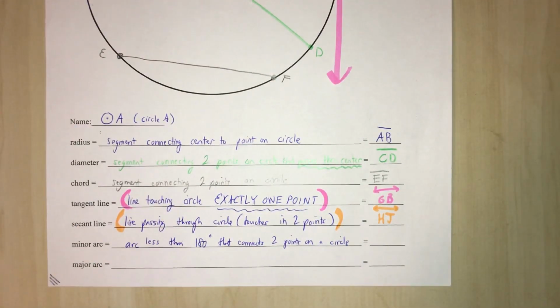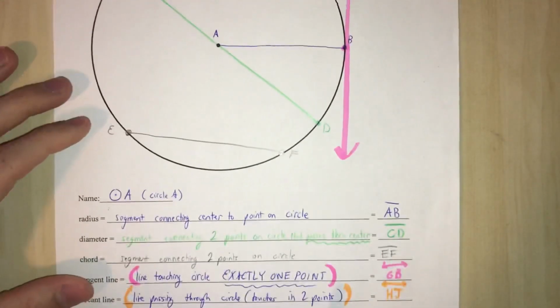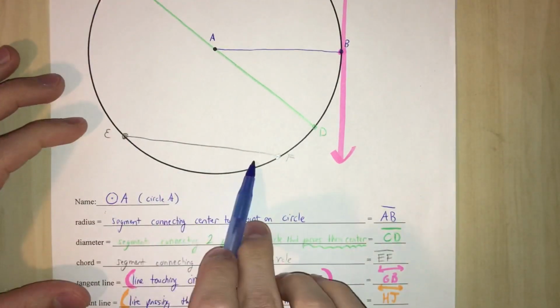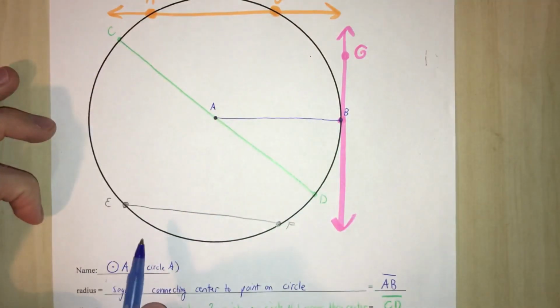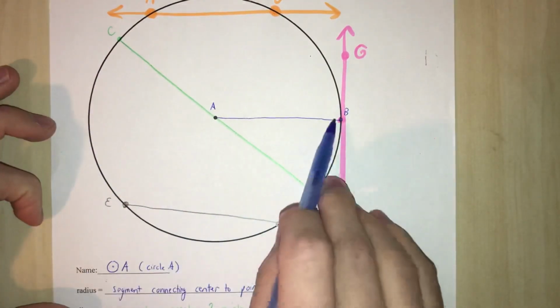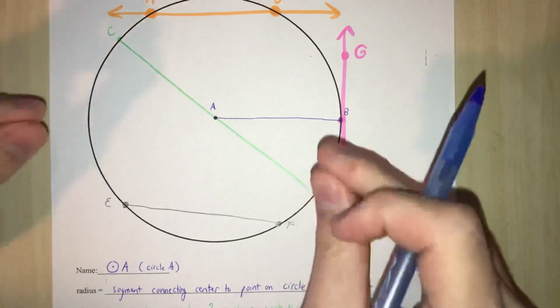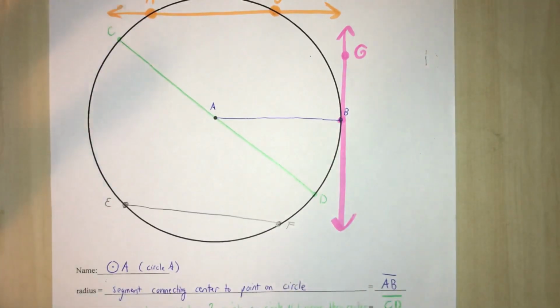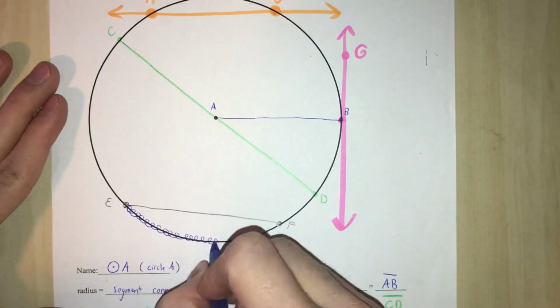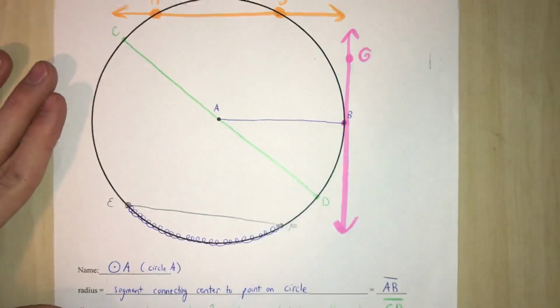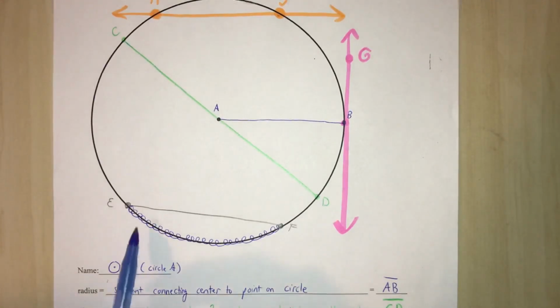So for example, a minor arc would be something like E to F. Because think, a circle is 360, right? Half a circle is 180. So anything smaller than 180 would be called a minor arc. If you could see here, I'm just doing this little squiggly so you could see better what that would look like.